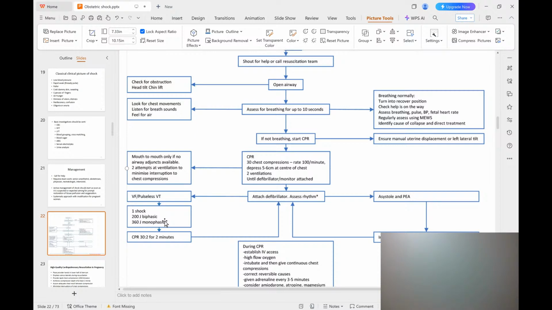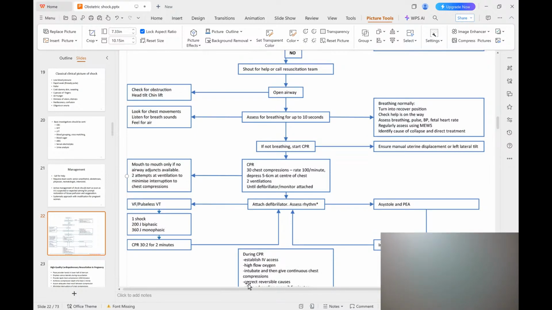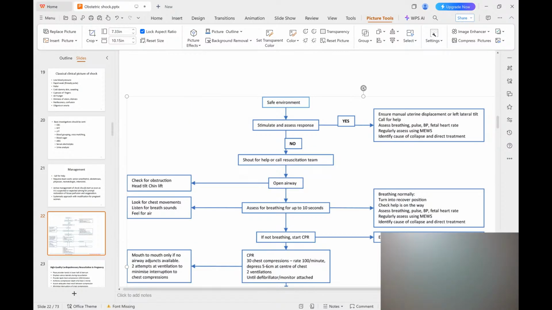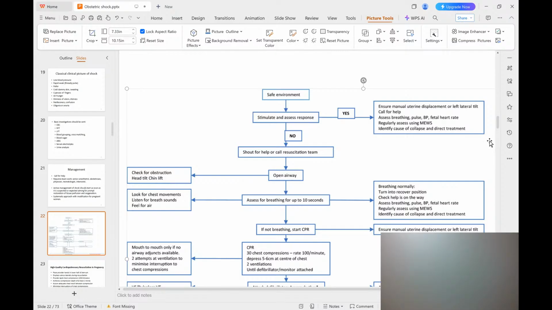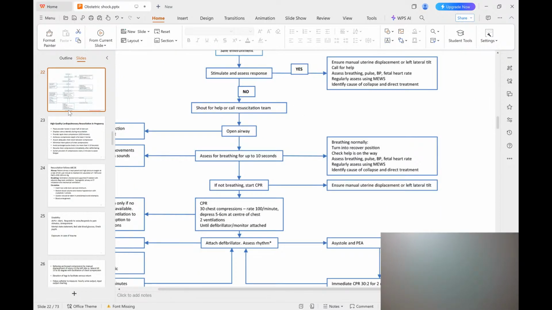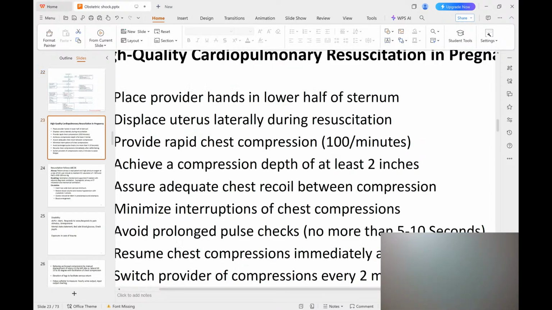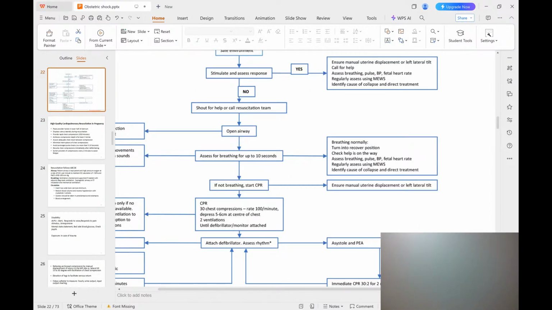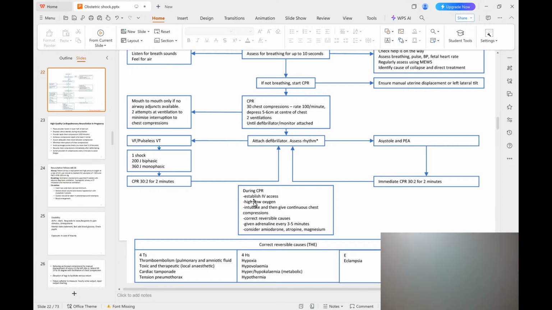Cycles for 2 minutes. And also during this, we need to establish IV access, either by wide bore cannula, or if not, IO, intraosseous access, and also high flow oxygen.